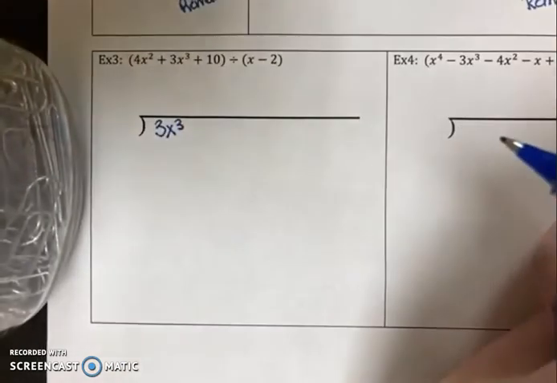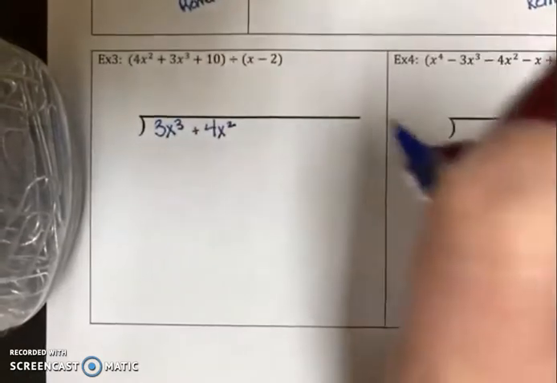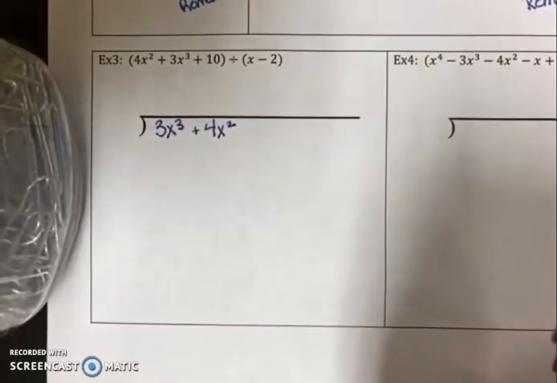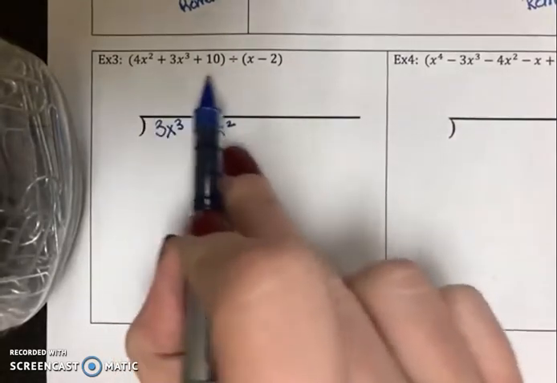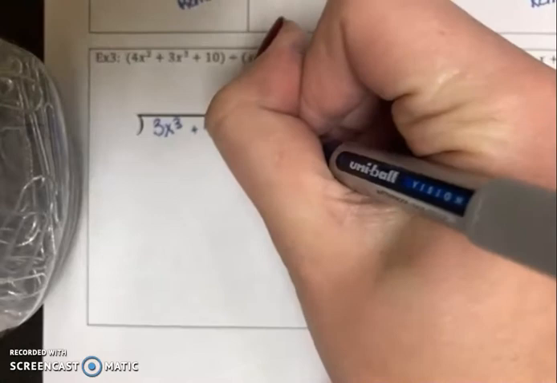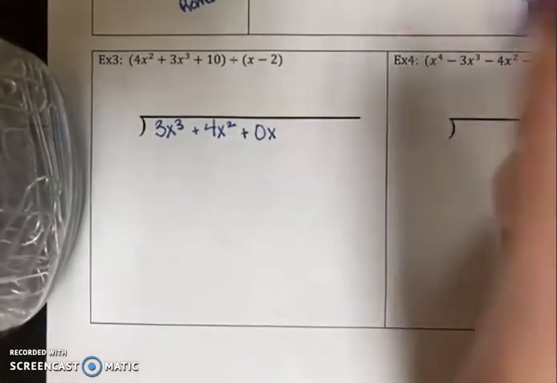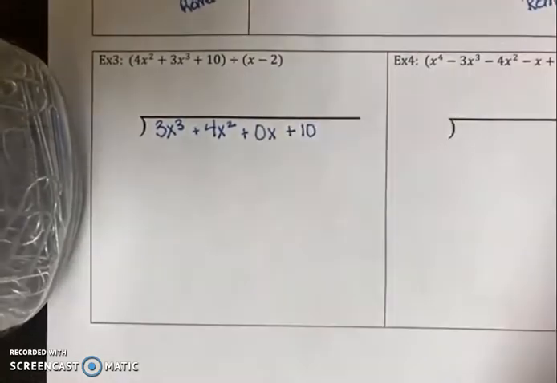Next would be my squared term, and I have a positive 4x squared. Now I need to put my x term. There is no x term, so this is where we would need a placeholder. And then the number 10 would follow.